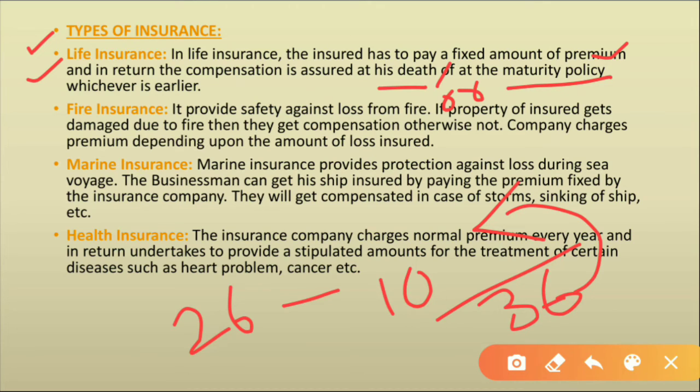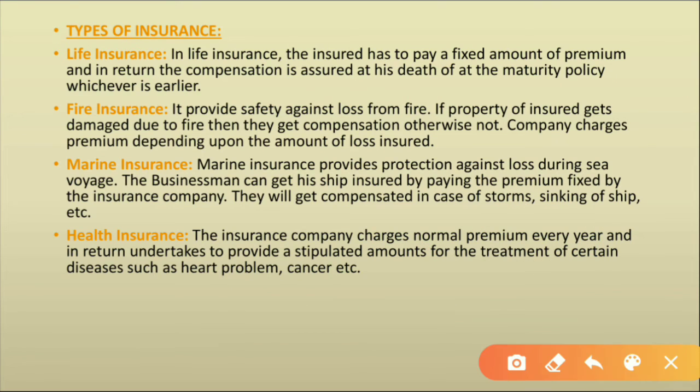Whenever I die, or at the age of 36 I will receive the money, because this is the maturity period. Maturity period is 10 years. So after 10 years I will definitely receive the money. So this is what life insurance is.